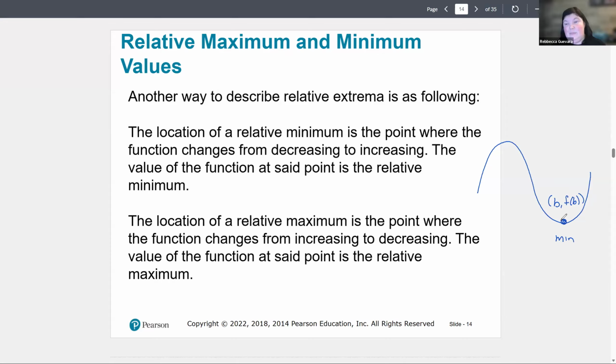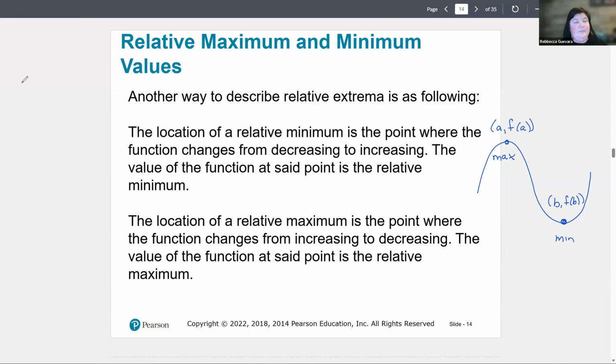What we see here is that I'm decreasing on this side, and then I start increasing on this side. We see here where we would have a maximum, a, f of a. This is the location of a relative maximum, a point where the function changes from increasing to decreasing.